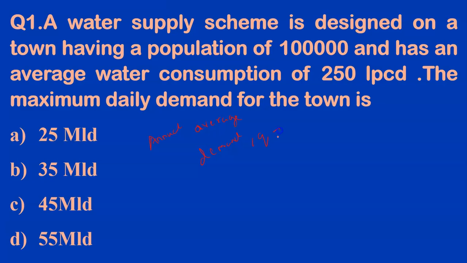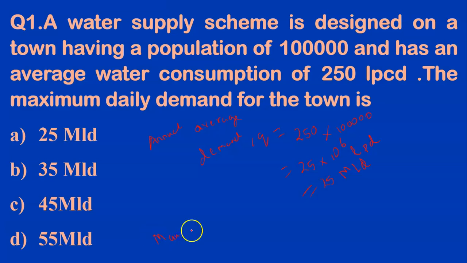We calculate it as 250 liters per capita per day, that is the average water consumption, times the total population, which comes out to be 25 into 10 raised to 6 liters per day, LPD, that is 25 million liters per day, MLD.